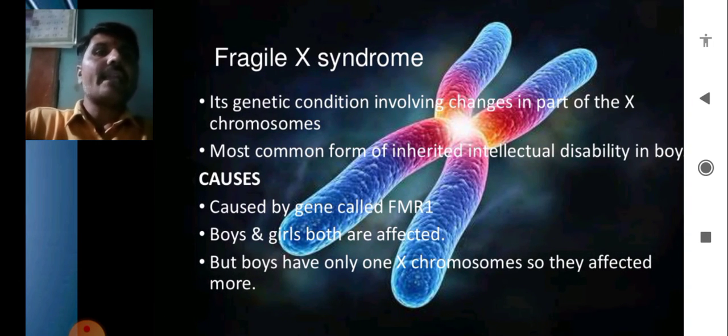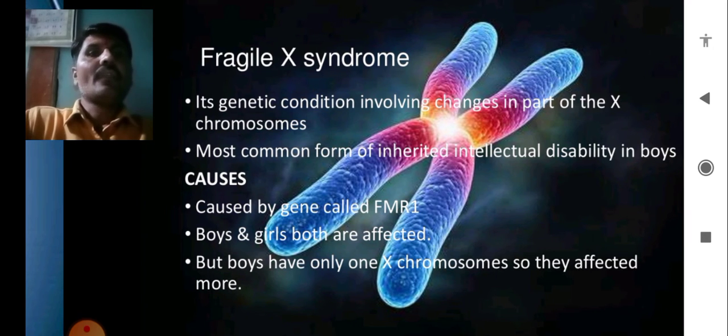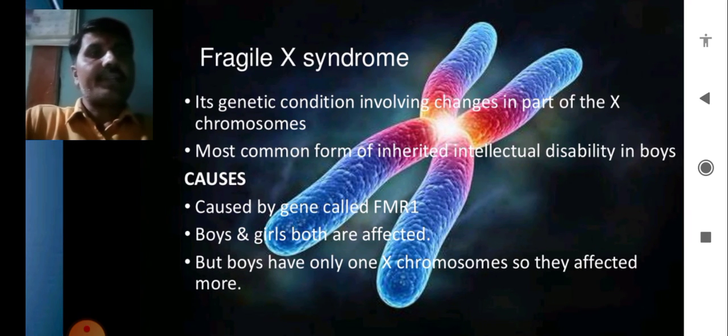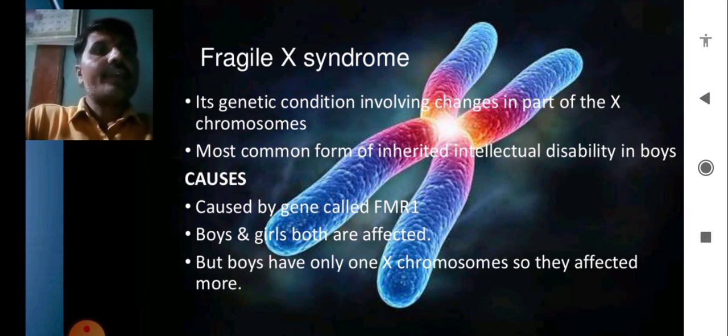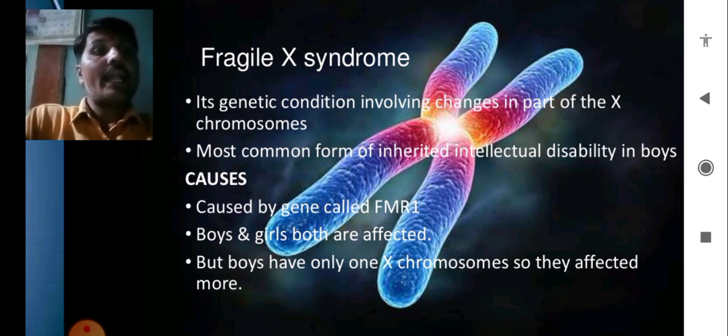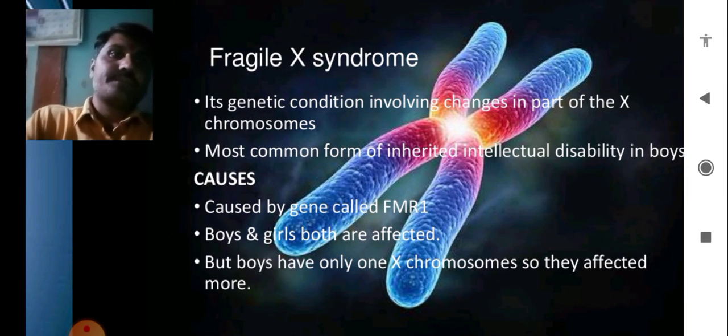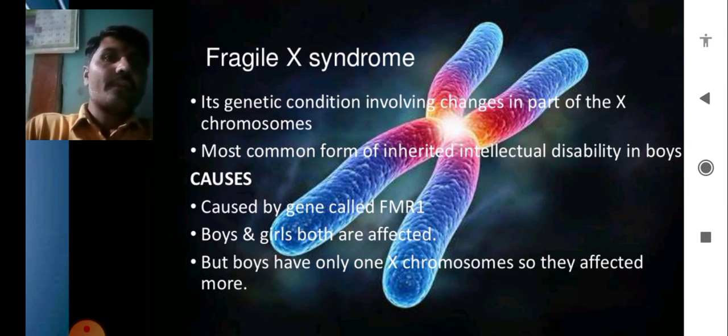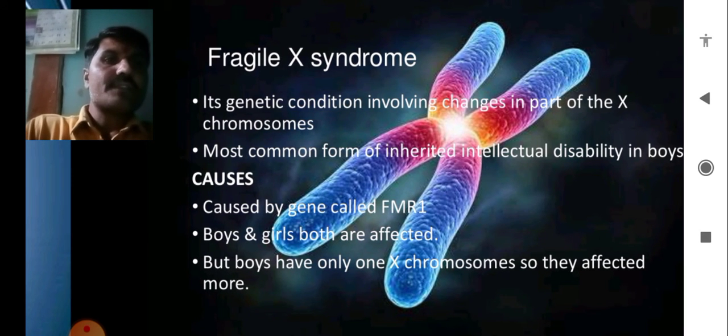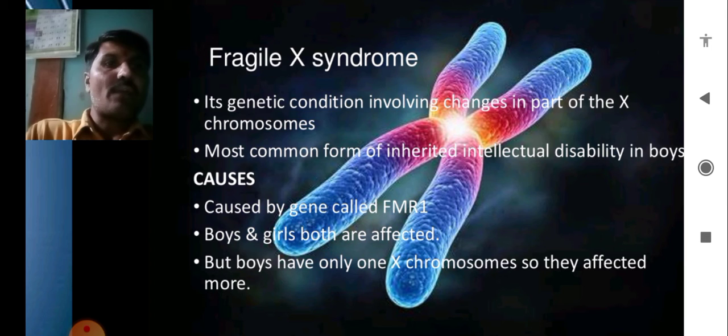Fragile X syndrome is a genetic condition involving changes in a part of the X chromosome, the most common form of inherited intellectual disability in boys. It is caused by a gene called FMR1.